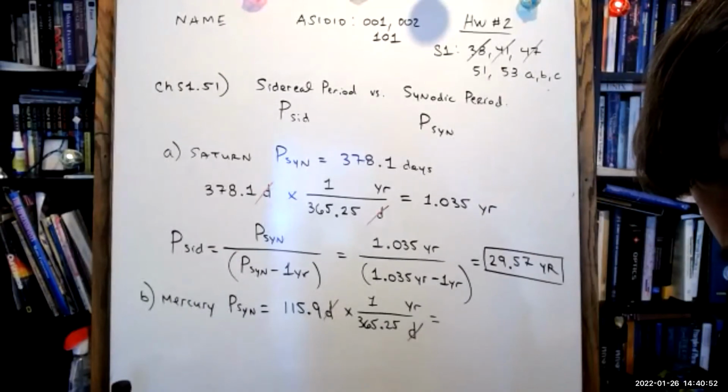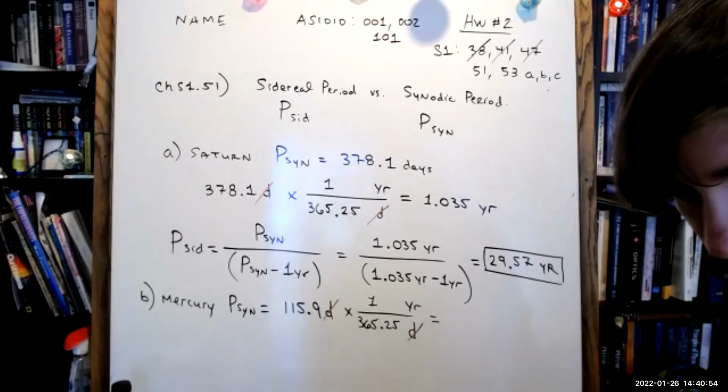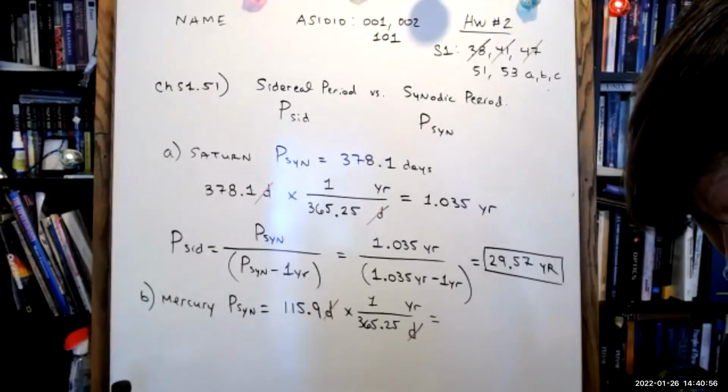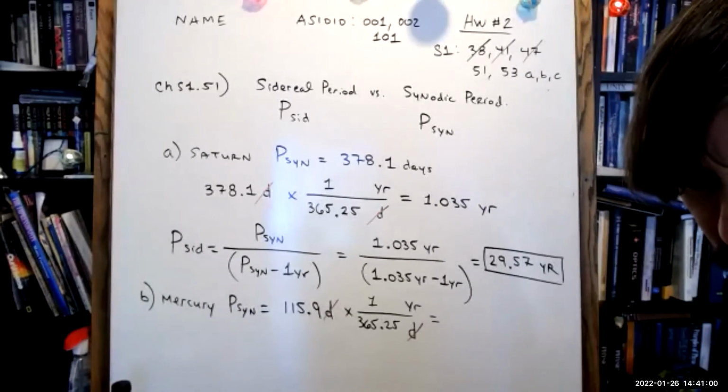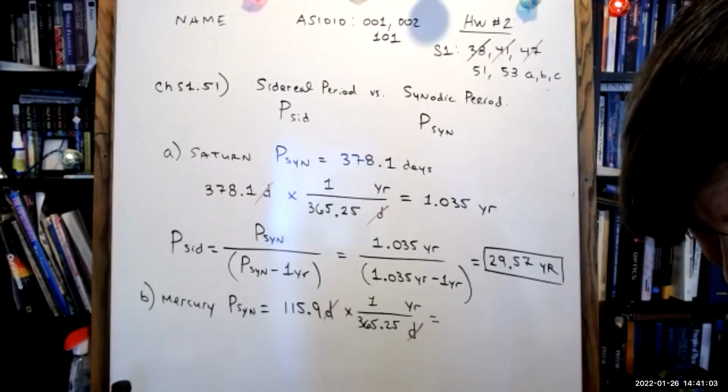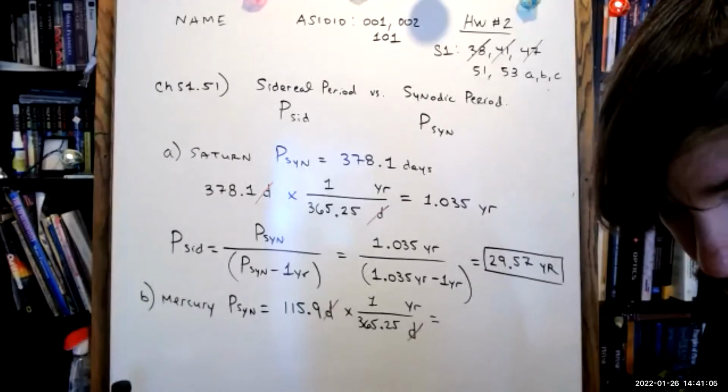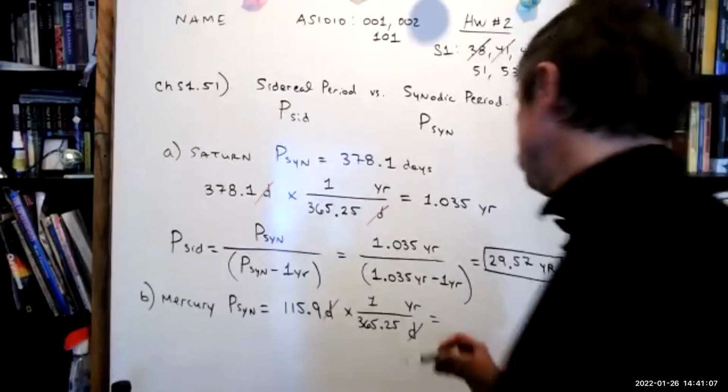Okay. 0.317 years. That's only 3 sig figs. I want 4. Okay, 0.3173. That's right.